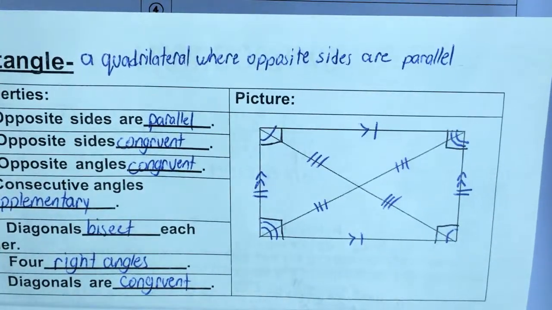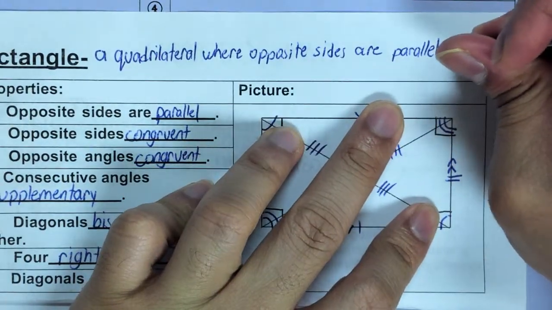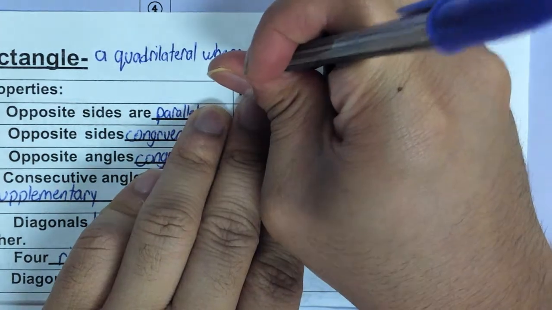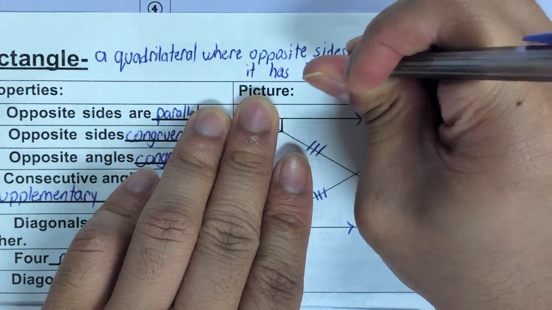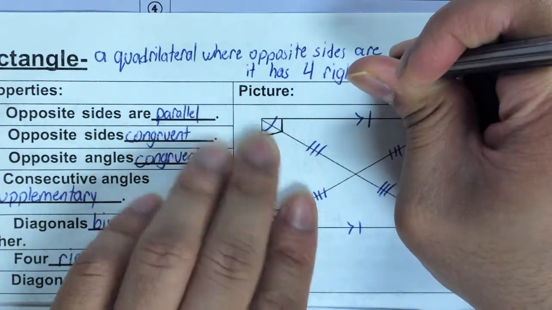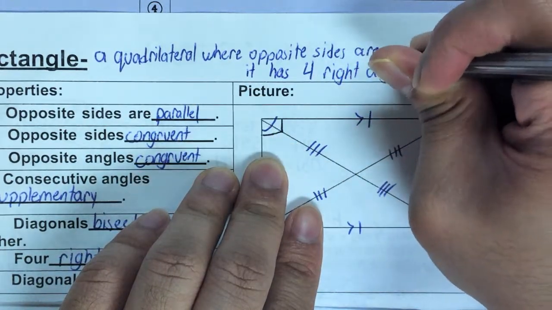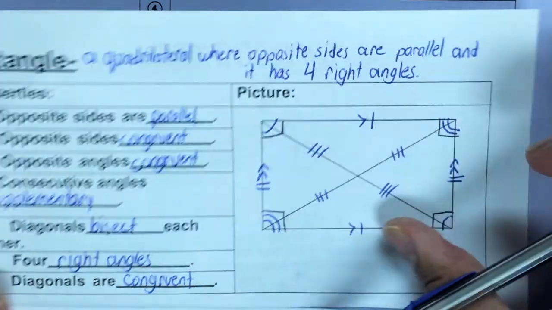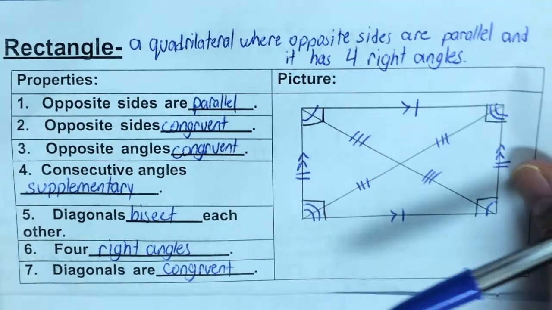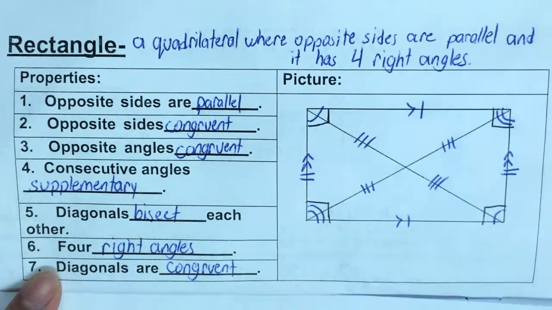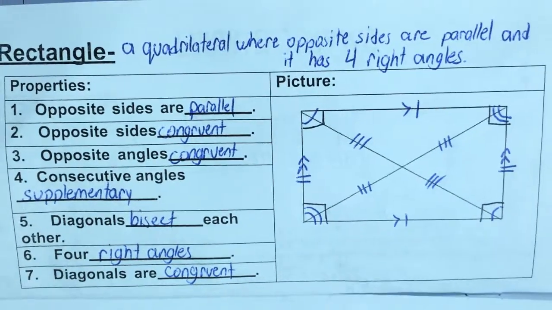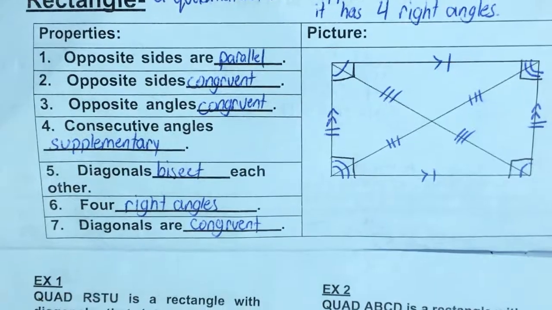And now the extra condition is, it has 4 right angles. So a rectangle is a parallelogram with 4 right angles. Okay.